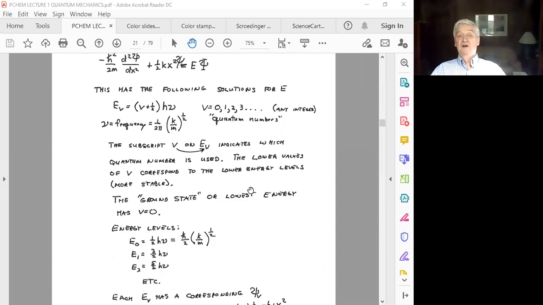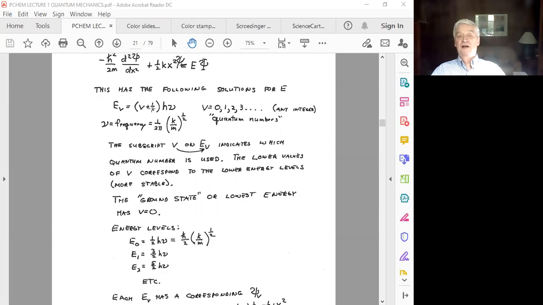Okay, so the lowest state, when V is equal to 0, is called the ground state. And we're going to have ground states for all our quantum mechanical problems. According to what I've defined up above, it's 1/2 h nu. Mathematically, it comes out to be h bar over 2 times the square root of k over m.